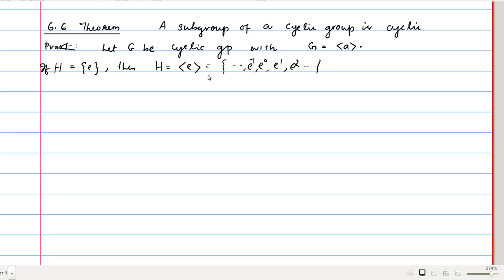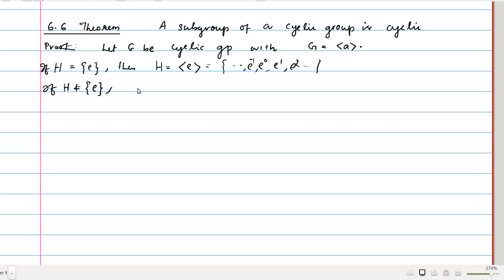So H is a cyclic group. And if H is not equal to the singleton set {E}, then we would expect a non-identity element in H.